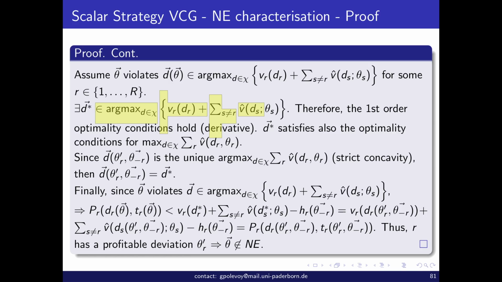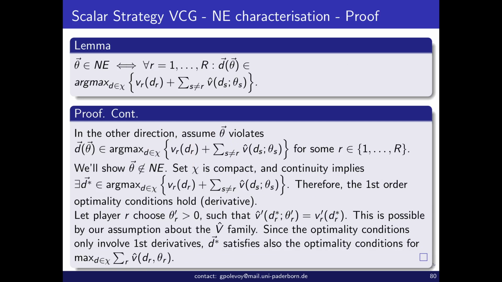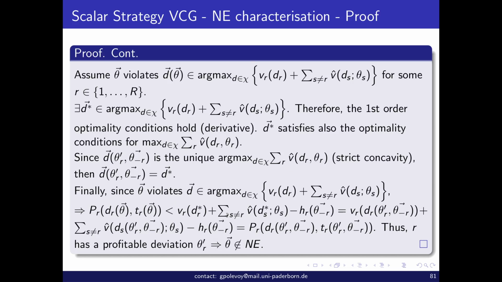Now, this d star also satisfies the optimality conditions for this maximum, because that's also how we chose this theta prime r. Now, since the maximum is unique because of the strict concavity requirement, remember why we had this weird requirement?